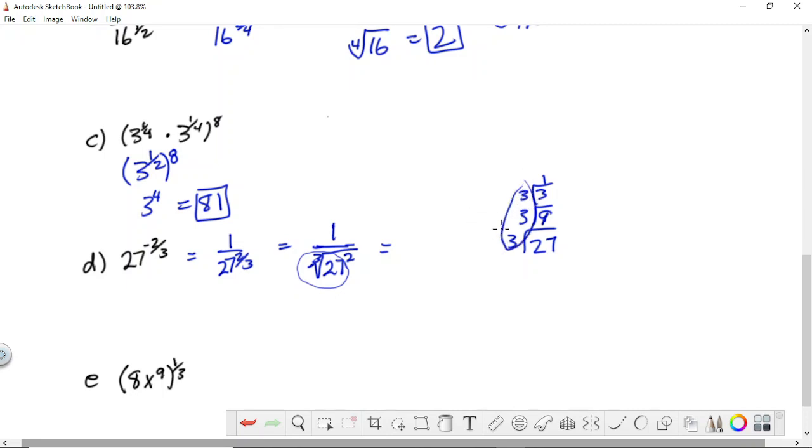There is a group of 3, and so that cube root is 3. Now, actually I need to put it down here, right? 1 over 3, because we did that cube root, but now we need to square that. 1 over 3 squared, and that's 1/9. Okay.